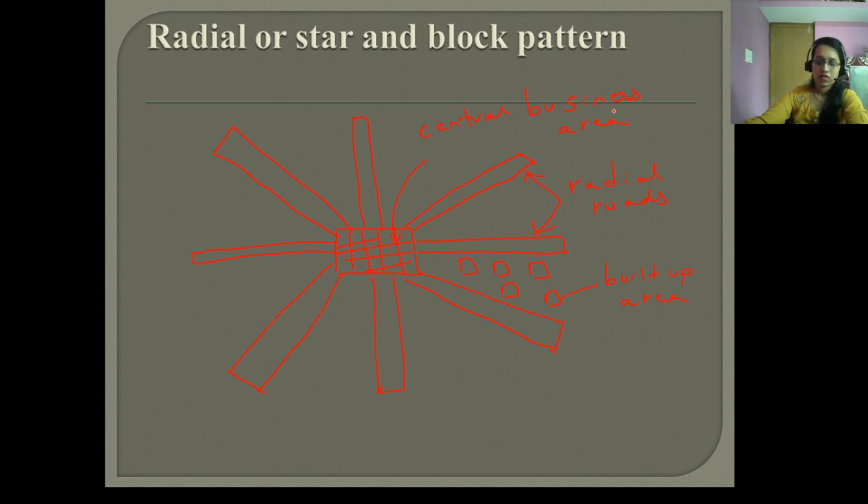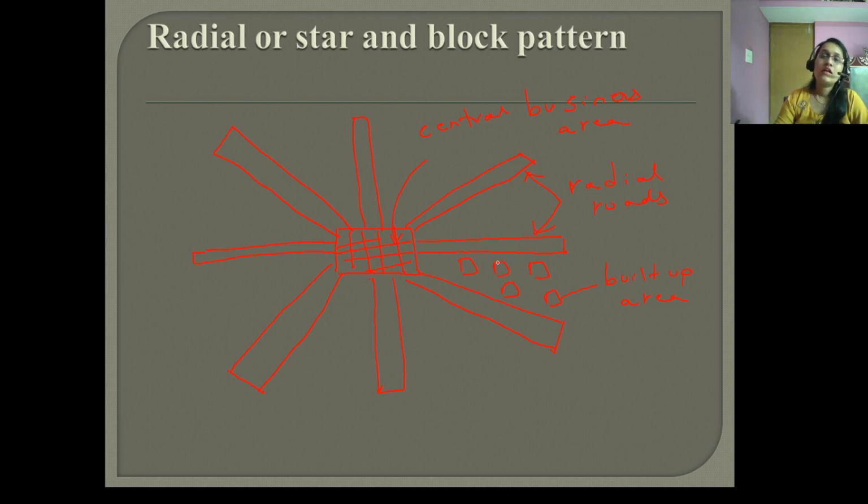So in this pattern, the entire area is divided into a network of roads radiating from the central business area outwardly. In between the radiating main roads, you can see here the built up area may be planned with rectangular blocks. So what is the advantage of radial or star and block pattern?